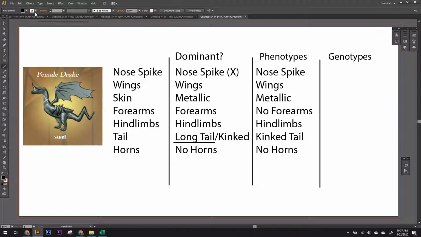So, possible genotypes for the mother here. Well, she has a nose spike, so we know that she has at least one dominant allele. We don't know what the second one is. It could be recessive, or it could also be dominant.